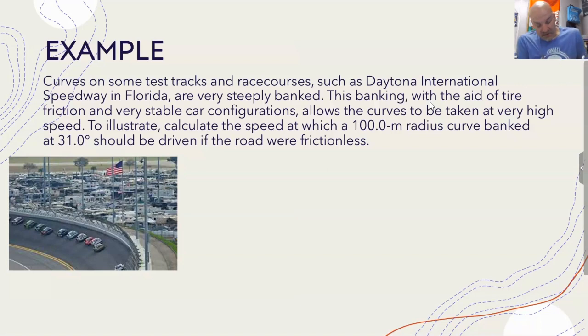Okay, so if I take my car, I would have normal force and weight. We're assuming frictionless, so we don't have to draw friction on there at all, but we do have to account for now that Fn is the vector that is broken up into x and y components.